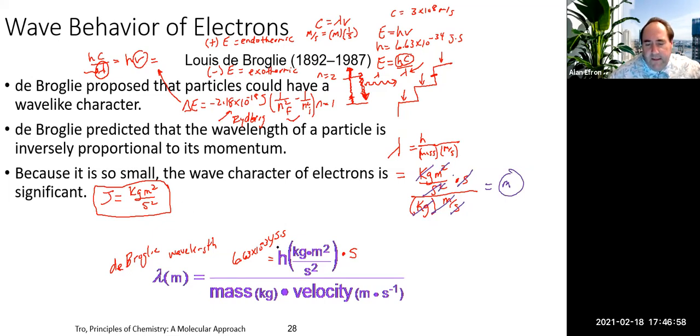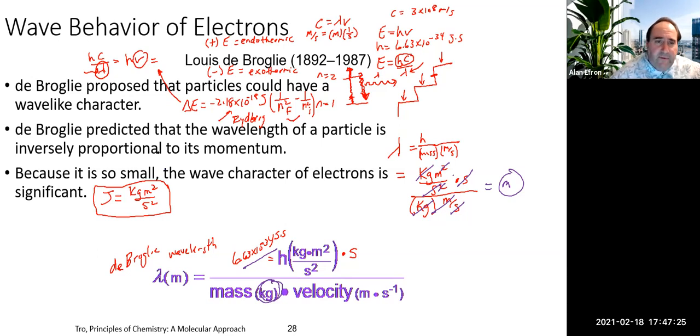The good news is it's still the same number for our H, and you don't really have to do anything. You can even leave it at joules as long as you remember that you do need to make sure you get the mass into kilograms so everything cancels out correctly. So you don't want to use it in grams.